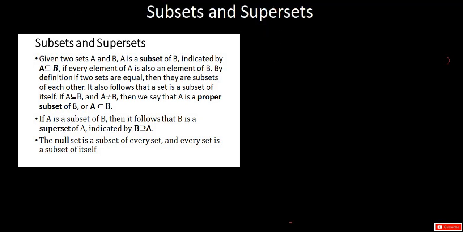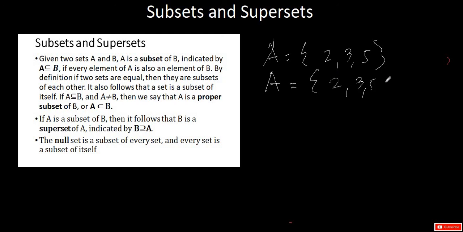Okay, so for example, set A containing the elements 2, 3, and 5. Now the reflection of a set is itself, say A containing the elements 2, 3, and 5. Now every element of a set is in itself.